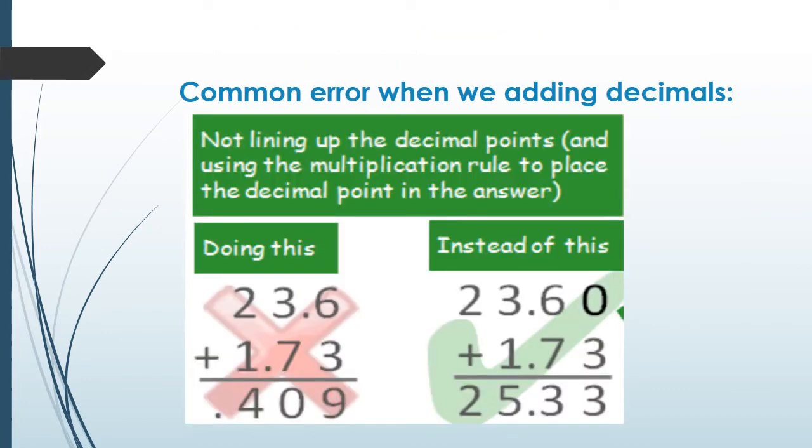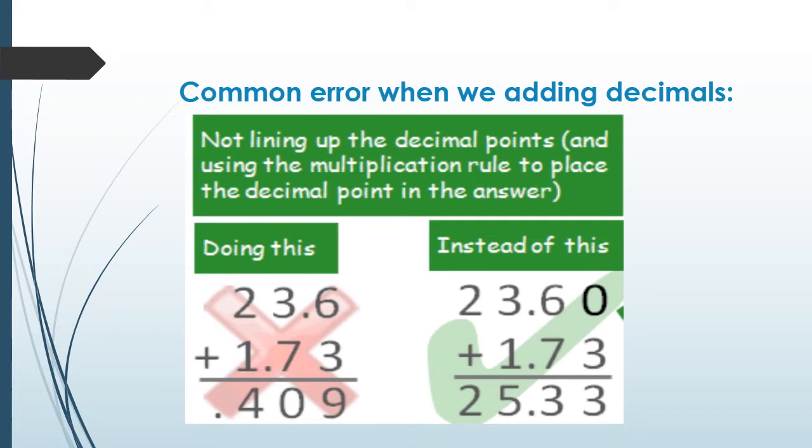Okay, this slide shows us the common error we can make while we are adding decimals. The main error is to put the numbers up and down, but without taking care about the decimal point. For example, 23.6 plus 1.73.